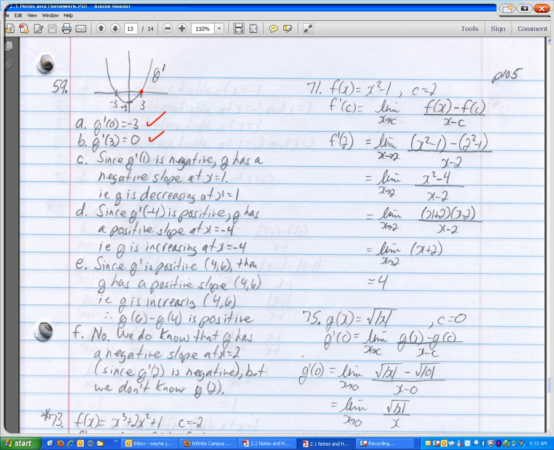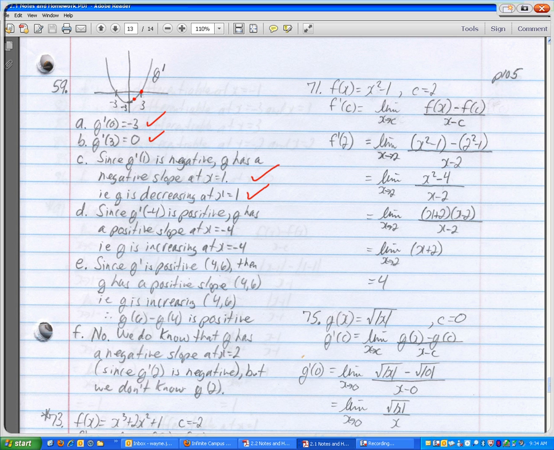So since G prime of 1 is negative, because you can see it on the graph, and they told us it was -8/3, then G itself has a negative slope, right? Derivative is slope, so G itself has a negative slope. And if G itself has a negative slope, G itself is decreasing.